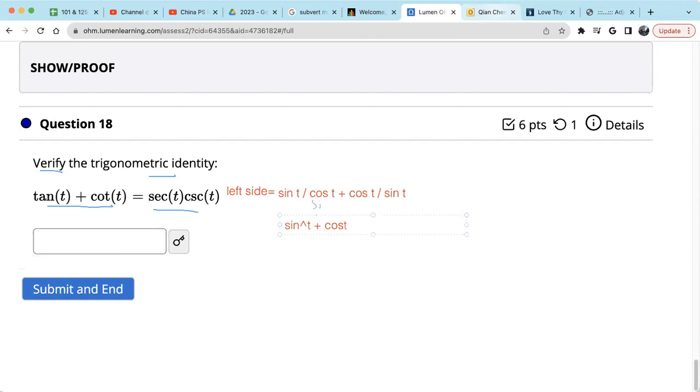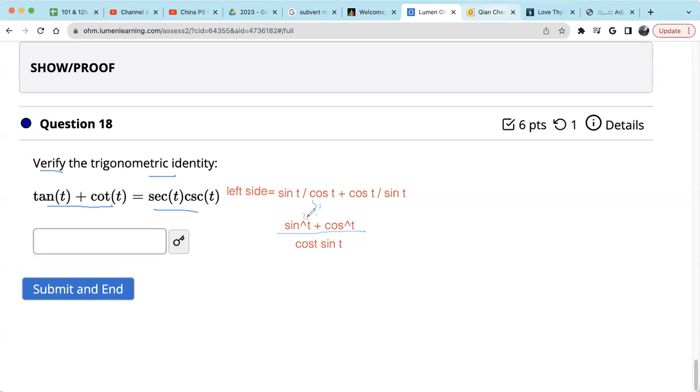So cosine square t, then all divided by my common denominator. My common denominator is cosine t times sine t. Oh, I'm missing a square. Sorry.